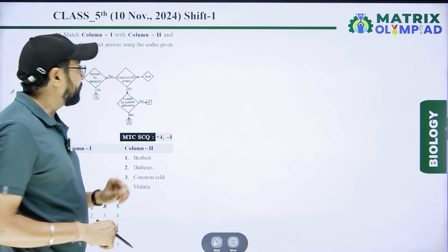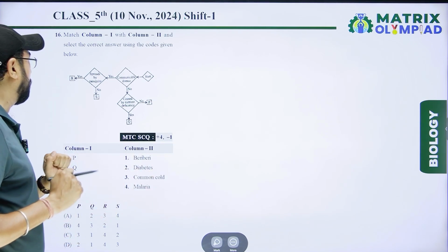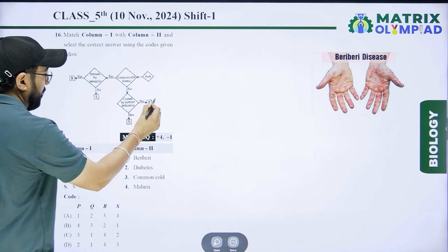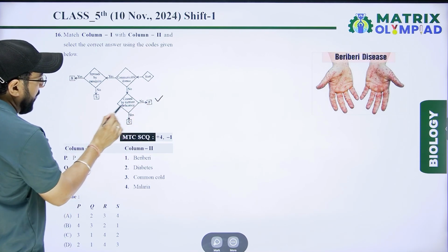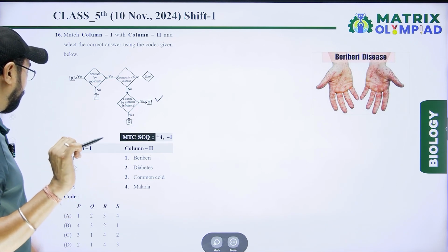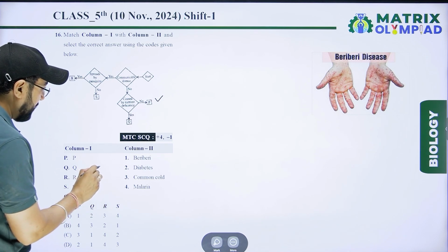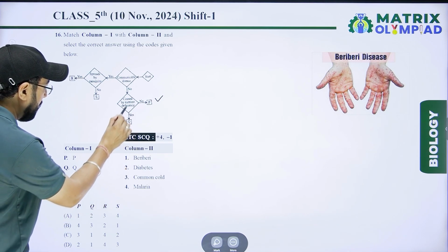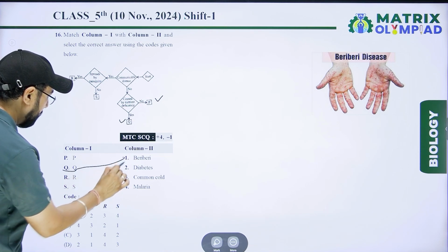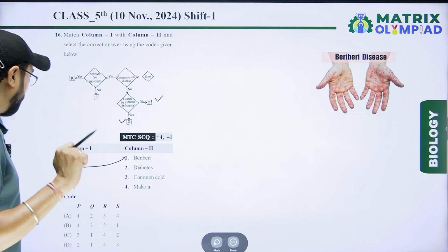Next question is, match column first and second, select the correct answer using the code. This one is P. Caused by nutrient deficiency. Nutrient deficiency disease is beriberi. So Q is matched with beriberi.